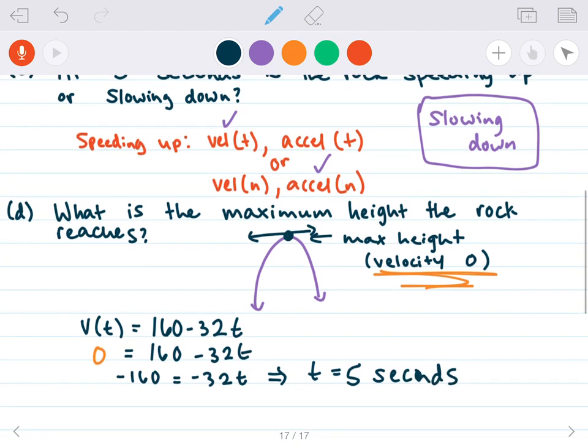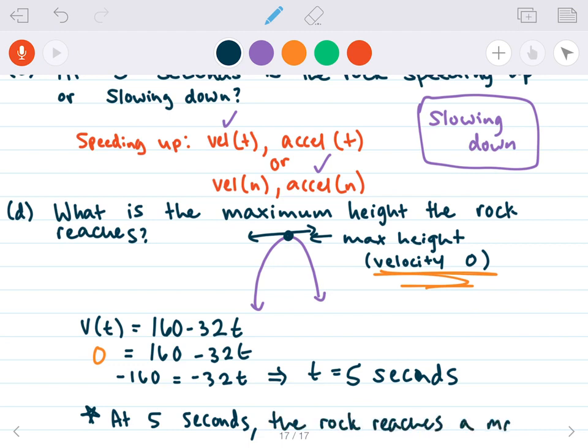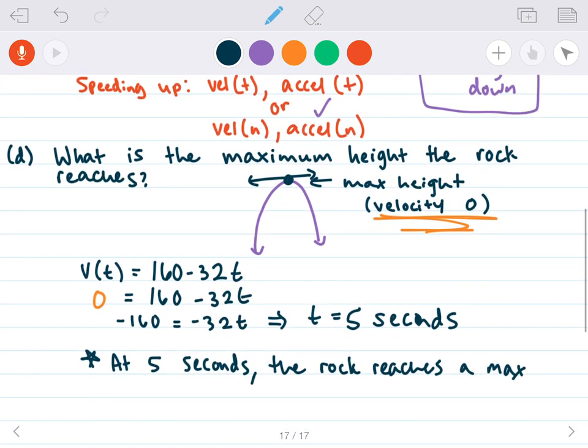So at 5 seconds, maybe I'll write a star. At 5 seconds, the rock reaches a max height of... How do we find it?